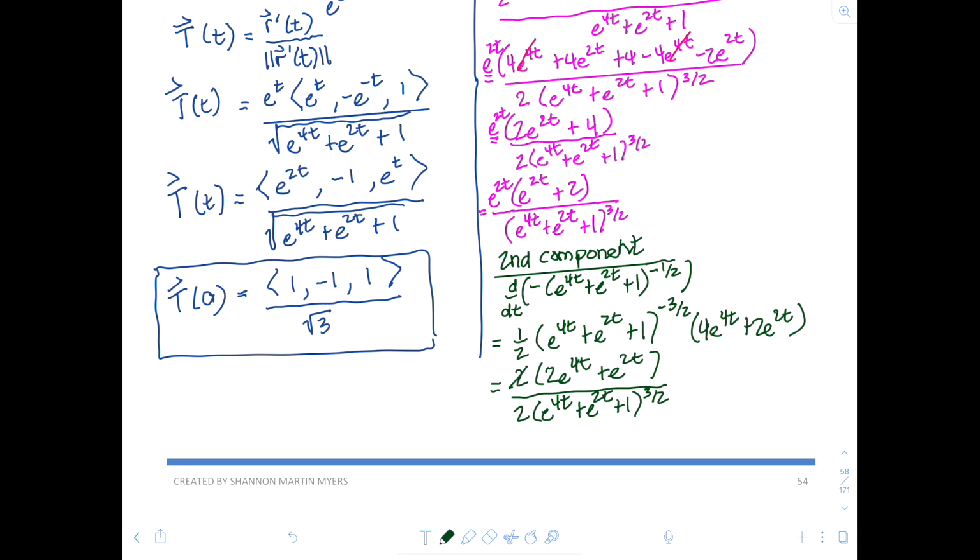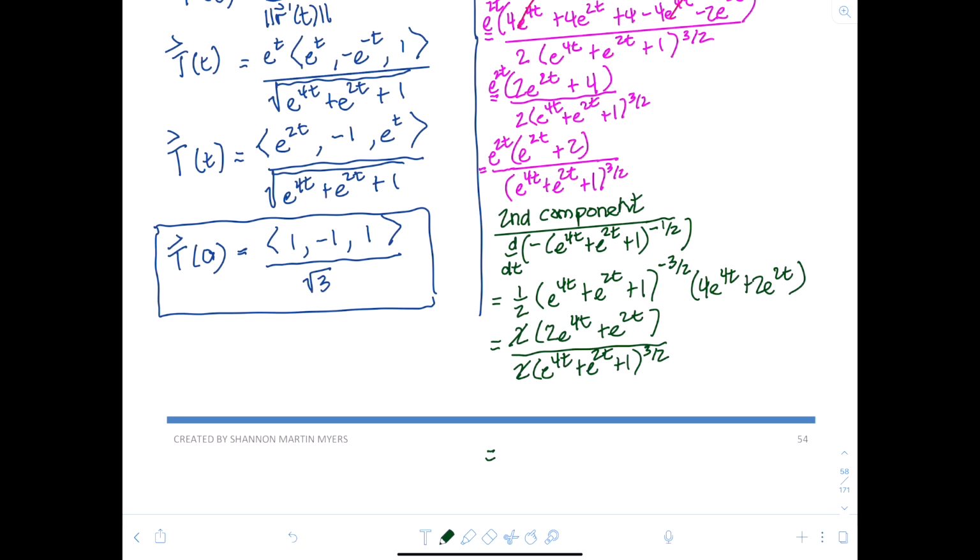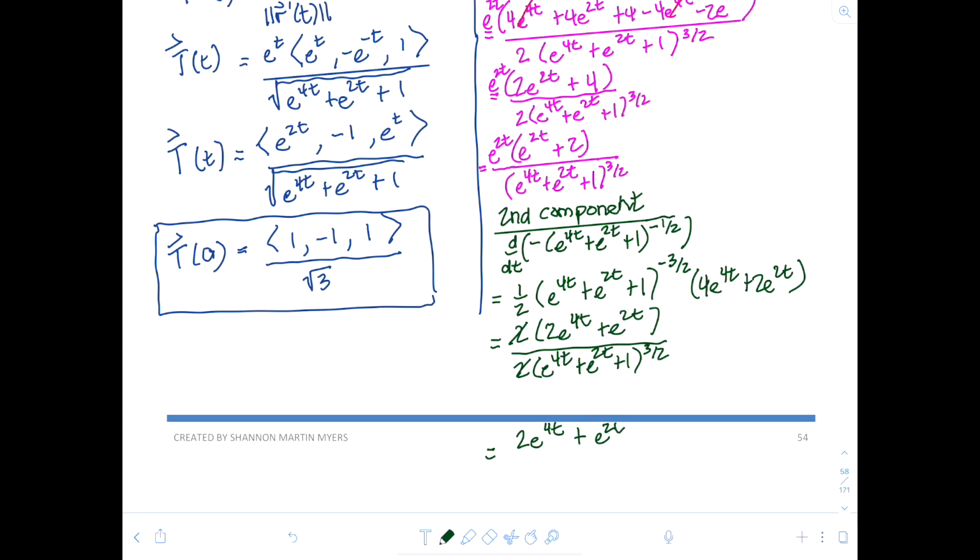And those 2's will divide out, and so my second component, the derivative of that, is going to end up being 2e to the 4t plus e to the 2t over e to the 4t plus e to the 2t plus 1 raised to the 3/2. Cool? All right.